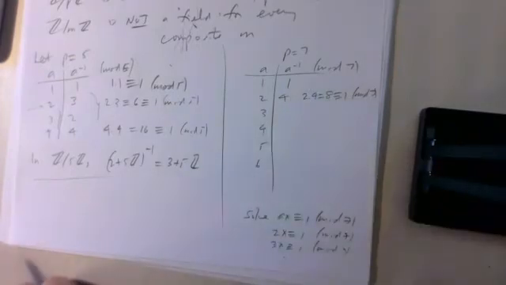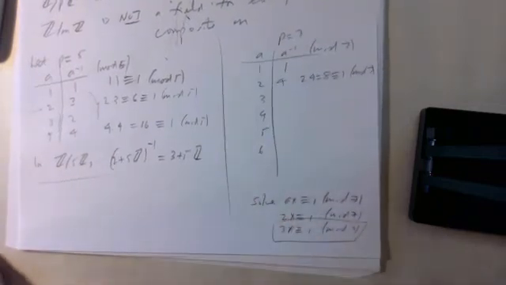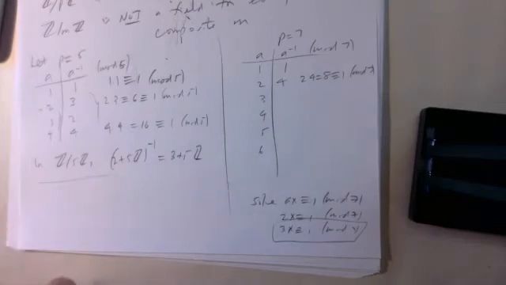What's the inverse of 3 mod 7? So you want to solve the congruence 3x congruent to 1 mod 7. Well, 5.